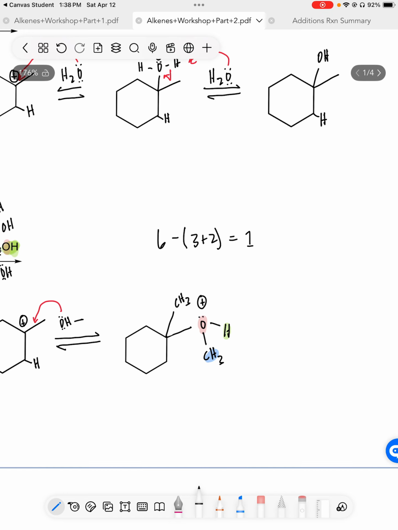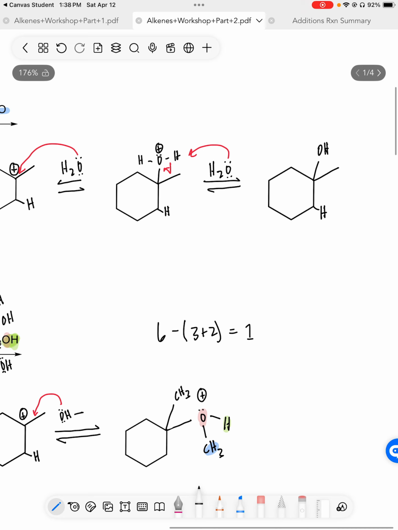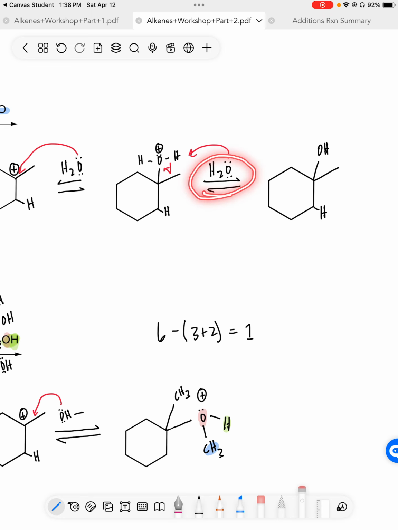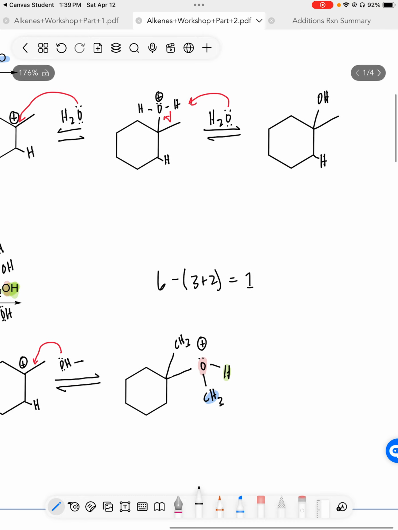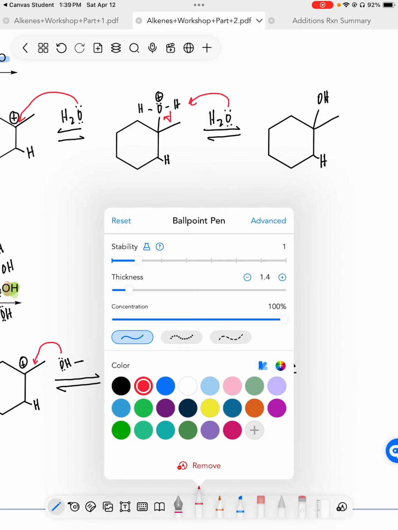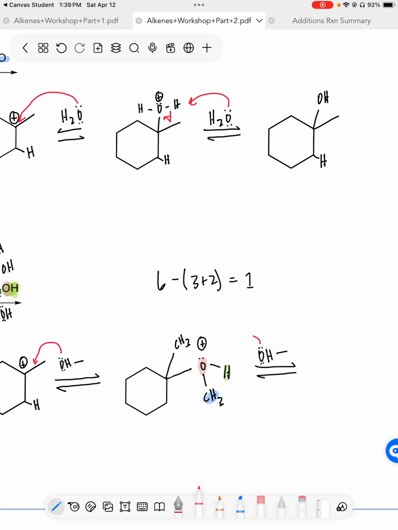Okay, so we don't want a positive charge. And remember what we did up here. We took what was originally our nucleophile and it became a base. So here, same thing, our nucleophile is going to become our base and it's going to deprotonate. So we have our OH, our methyl group, and it's going to deprotonate. So we don't have that positive charge anymore.